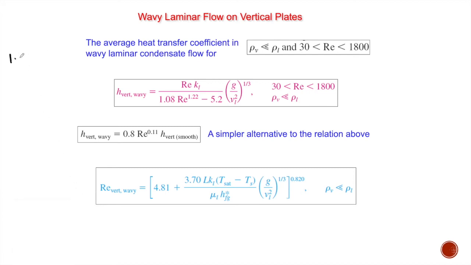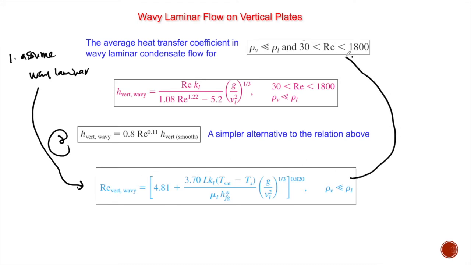Okay, first, assume wavy lamina. So that is your first step, and then second, go to the Reynolds number. Then after that, you compare with this. Is it in between 30 to 1800?